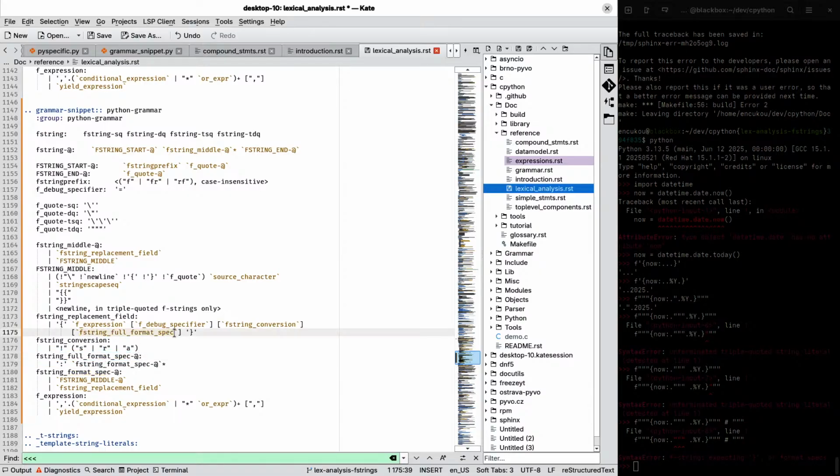Full format spec there. String replacement needs that. And of course f-string middle. Not string escape sequence.